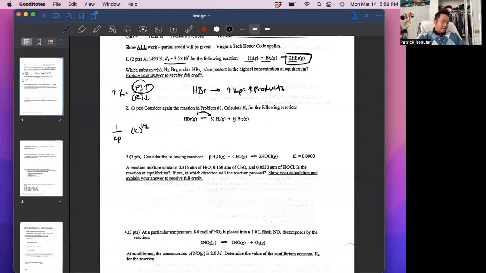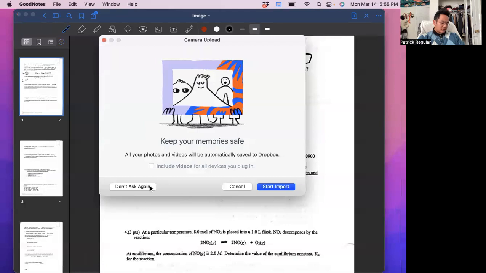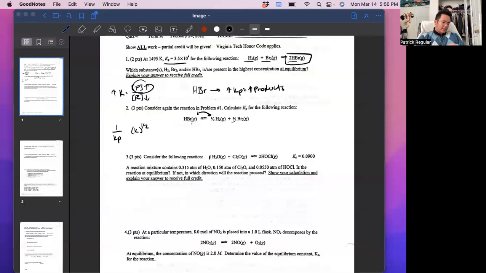All right, but if we were just to combine these, it would be 1 over K1 to the half. And let's just plug in our Kp value of 1 over 3.5 times 10 to the fourth.